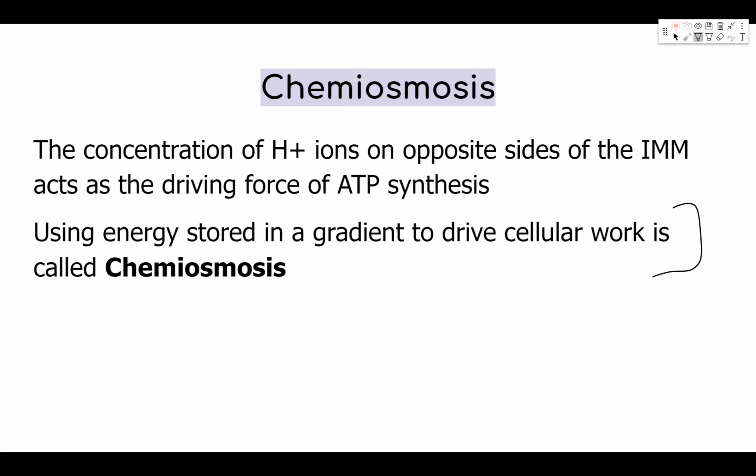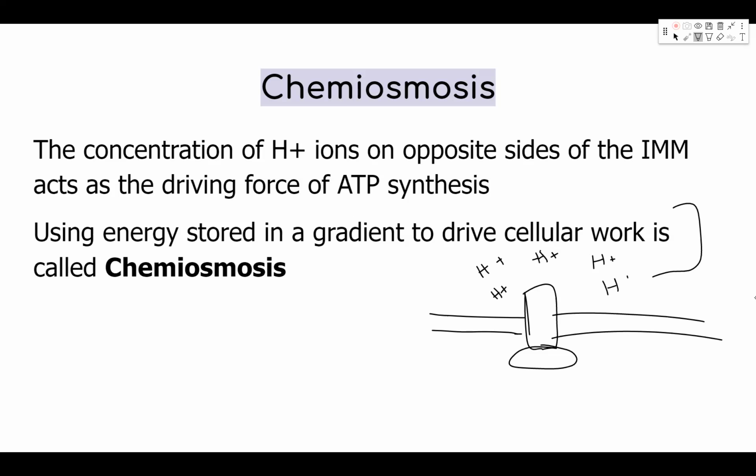Our difference in hydrogen ions creates our force. So if you wanted to do a little doodle, nothing too crazy, we've got our ATP synthase in here. We're going to have a lot of hydrogen ions out here, if you can even see that.